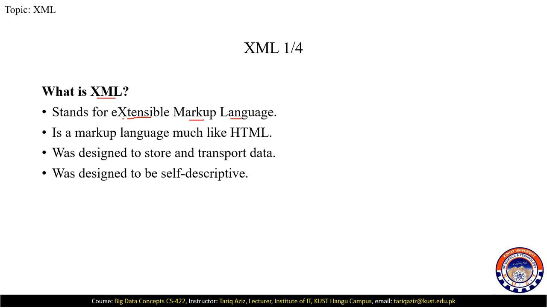It's a markup language like HTML, and XML is used for storing and transportation of data, or we can say that it was designed to store and transport data. The final point says that it was also designed to be self descriptive. So XML documents are self descriptive, and we will look at XML documents on the next slide.